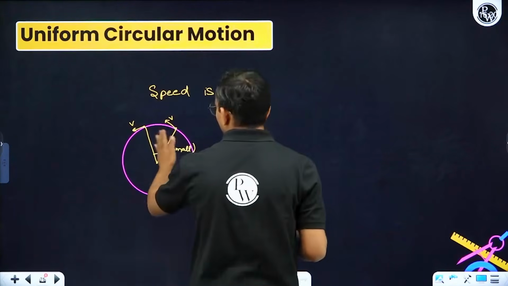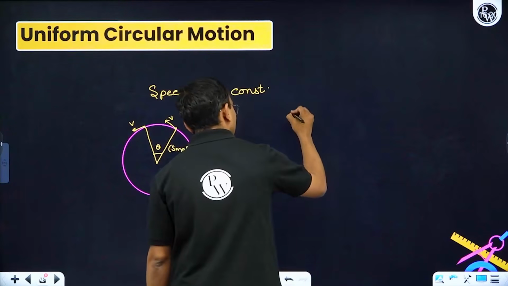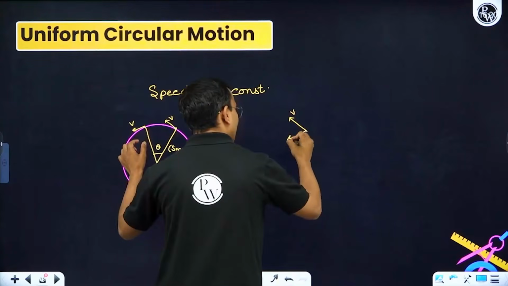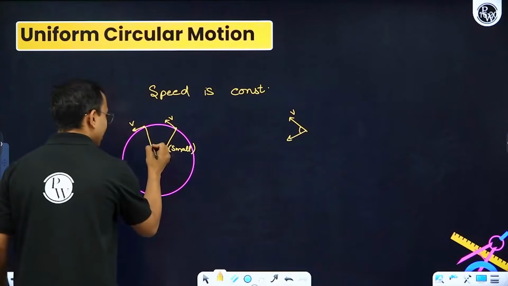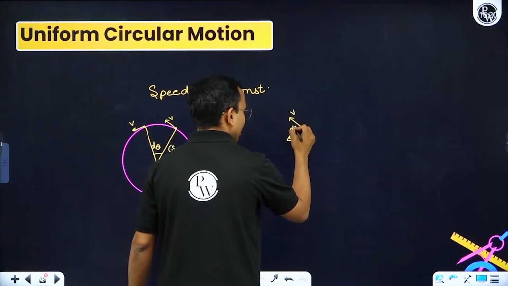It came there. So what is the change in velocity? This was the initial velocity, this is my final velocity. The angle between the two is d theta.